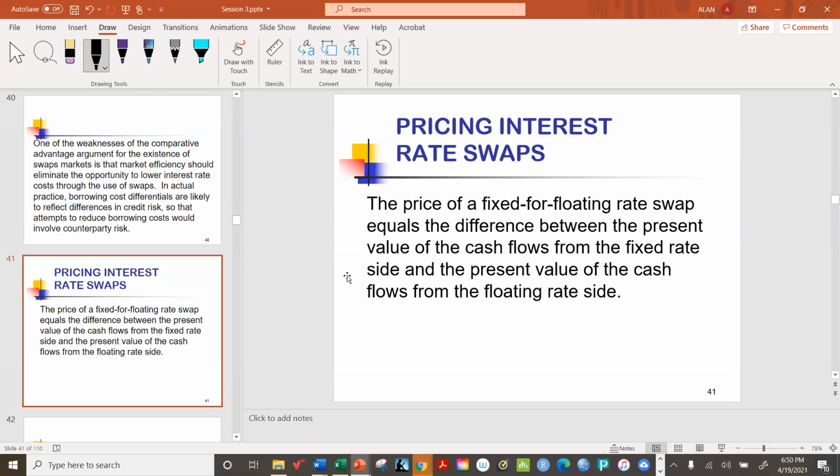And in fact, when the swap is first entered into, the rates will be chosen on purpose to make sure that this is exactly what's happening. The swap should start out with 0 value, and then as time elapses and interest rates change, the price will go up for one side and it will go down by the same amount for the other side. But how do we figure this out?